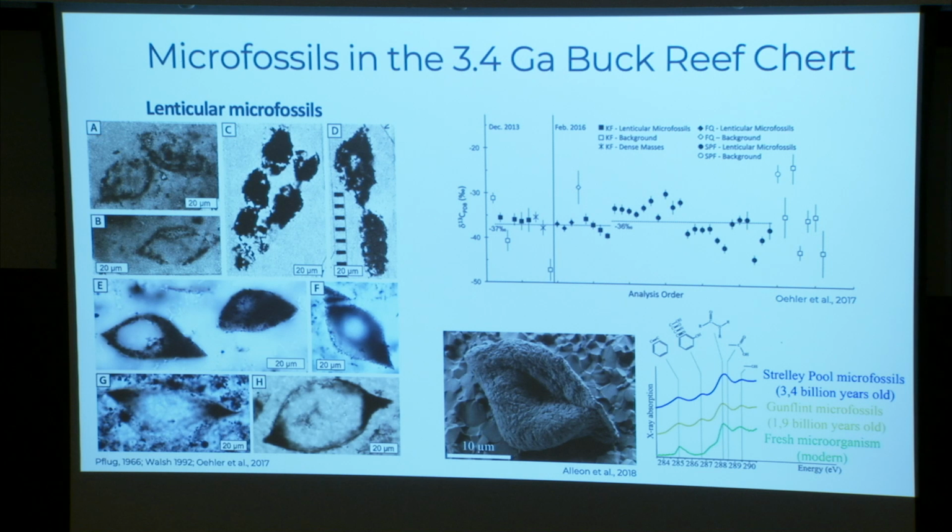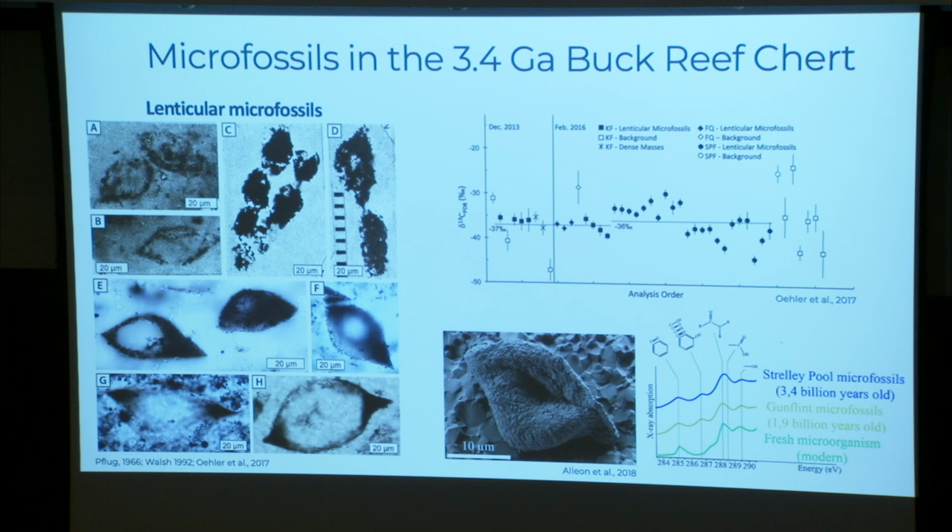People have measured organic carbon isotope values that range between -30 and -40 per mil, which supports a biogenic origin. And once again, if you look a bit closer under the scanning electron microscope, you see organic walls nicely preserved.